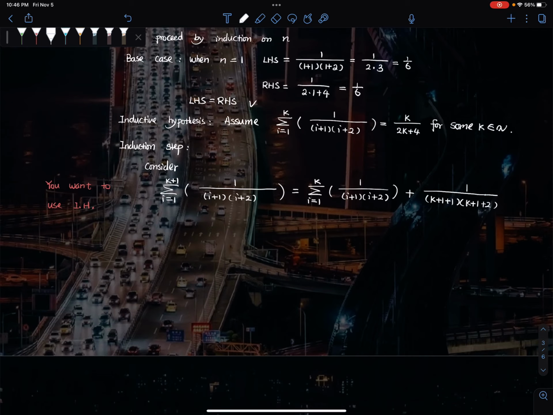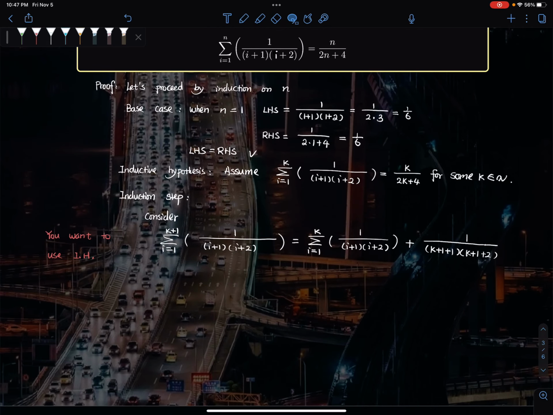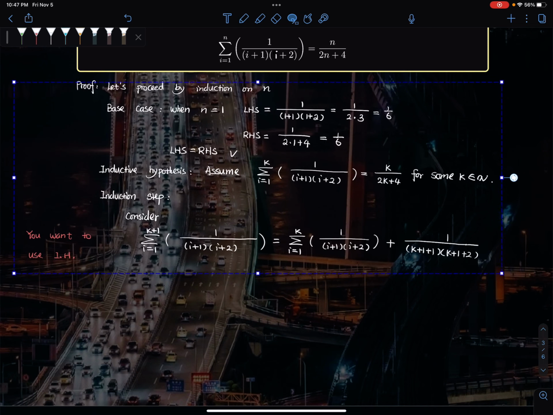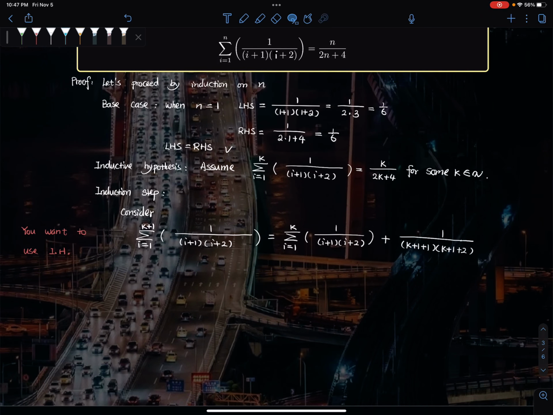Okay? This step is where a lot of people will be confused, because, well, if you're confused, you do not understand summation completely. That's all I can say. Summation means you add from i equals 1 till whatever number is here.